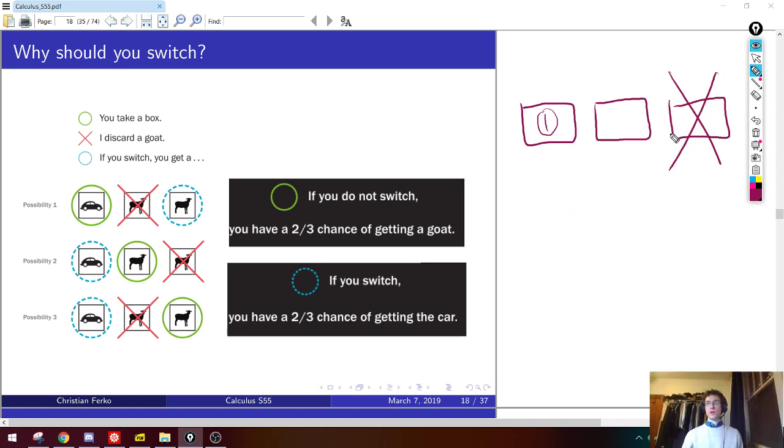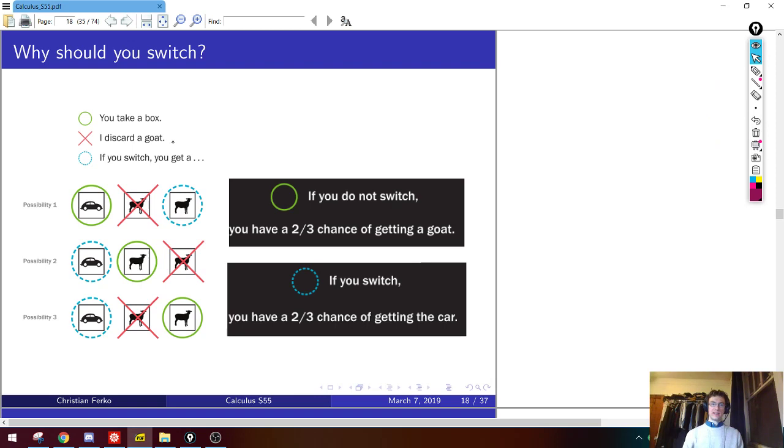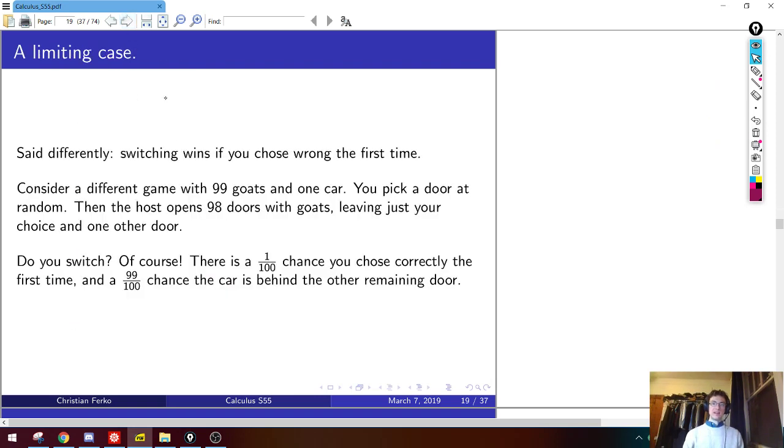So you know when he opens that door, he's getting rid of the goat, and he knows that the other one either has the car or you chose the car. So only because of the knowledge of the game show host is this giving additional information to you as a Bayesian agent. And I think that what finally got me to understand that is this limiting case.